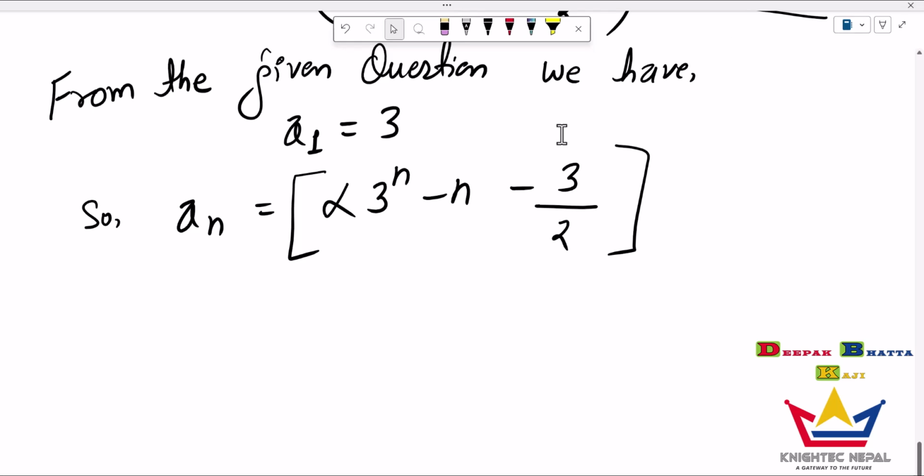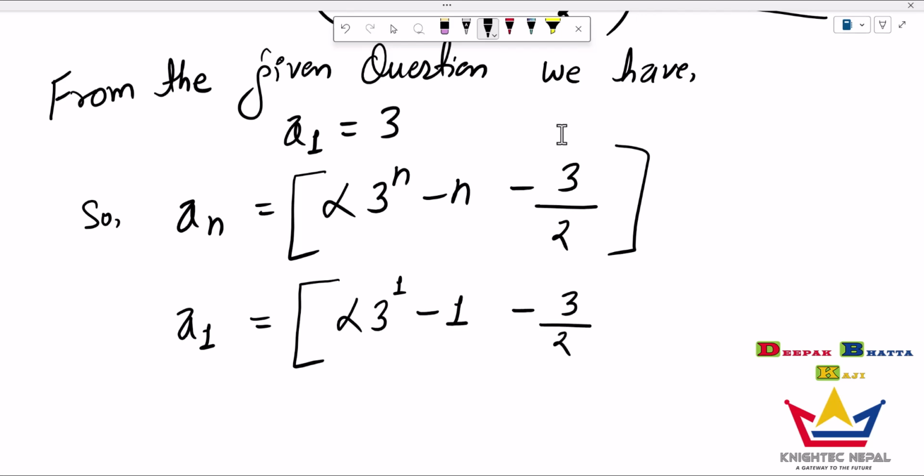So here a1 equals alpha 3 1 minus 1 minus 3 divided by 2. So put the value of n equals 1. So here n equals 1.